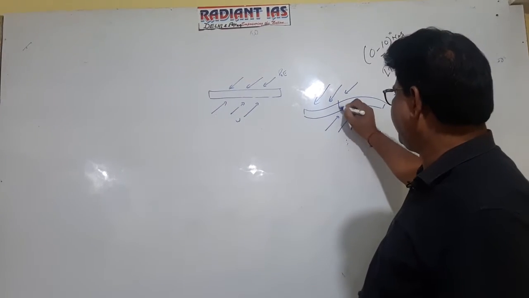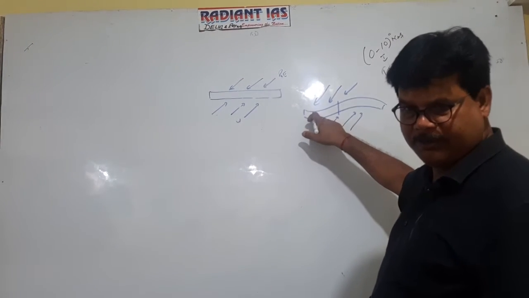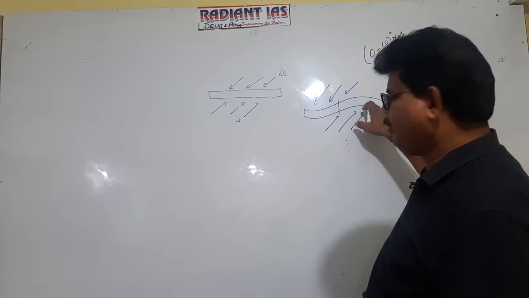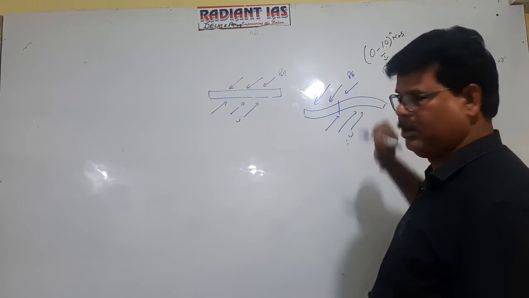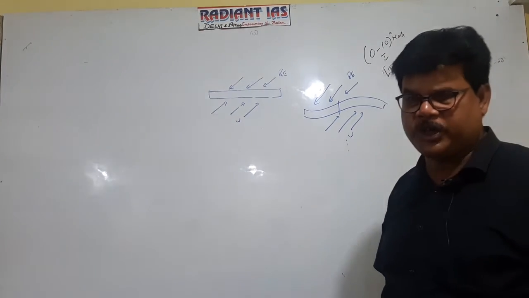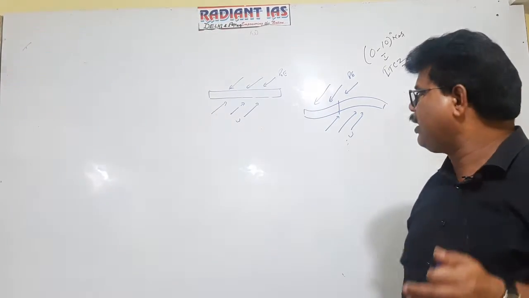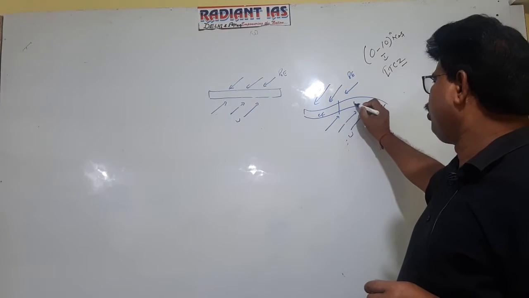Along the western part, this cold air mass is more active, and along this side the warm air mass is more active, because this is the westerly wind and this is the polar easterly wind. So there are two segments of this wave front. The western part is the cold front and the eastern part is the warm front.